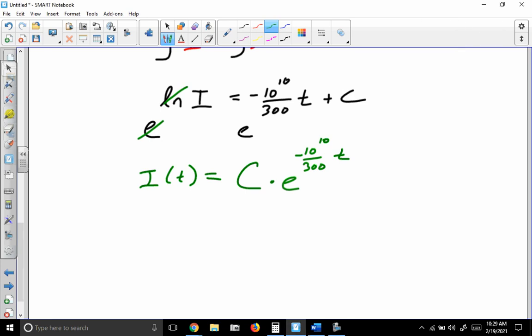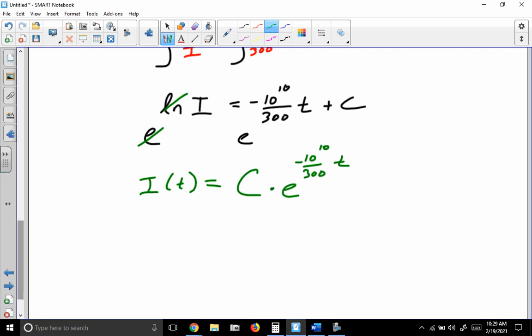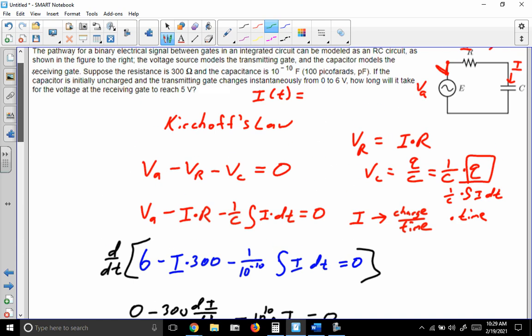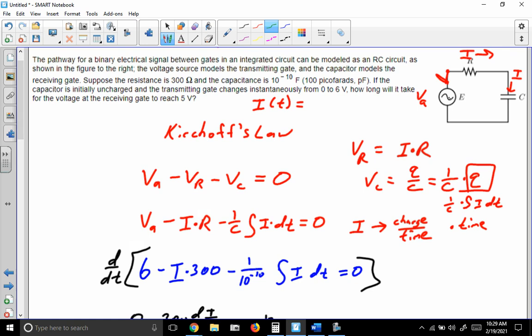So now we need to figure out C, and I slightly misspoke earlier. Before we flip the switch, before we apply voltage, it is true that our current is 0. But at the instant that voltage is applied, as soon as we close the switch and apply 6 volts, the current starts flowing through the resistor.